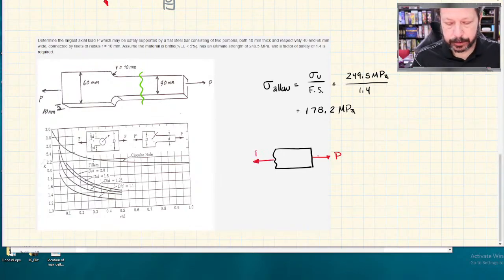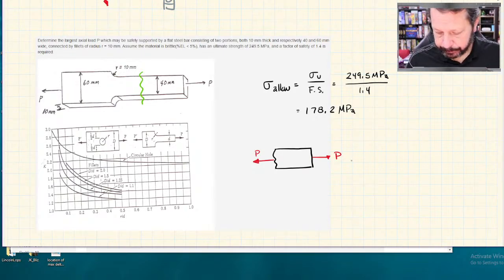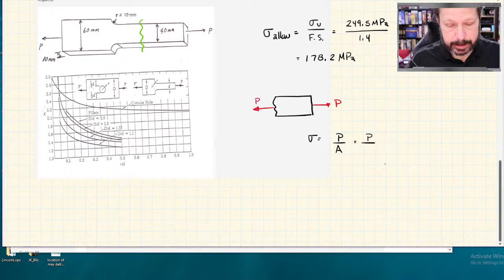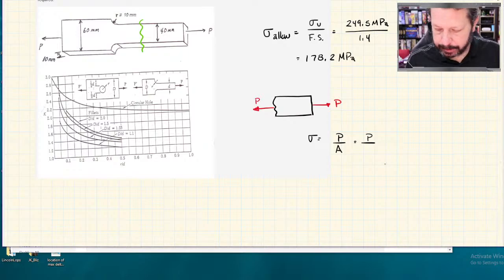And the internal force there is also P. So the internal force is P. And if I calculate the stress there, sigma equals P over A. Area is equal to, let's put them in meters. So the thickness is 10 millimeters, 0.01 meters, and the width is 40 millimeters, 0.04 meters.